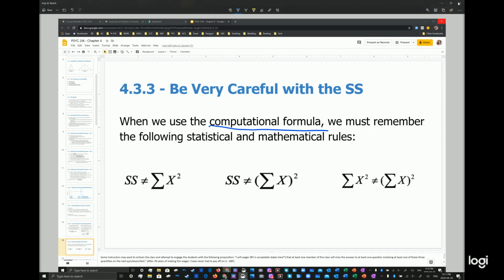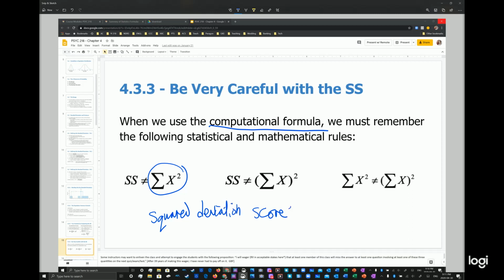The sum of squares is not just squaring the scores. Again, the squares here are squared deviation scores, not squared raw scores.